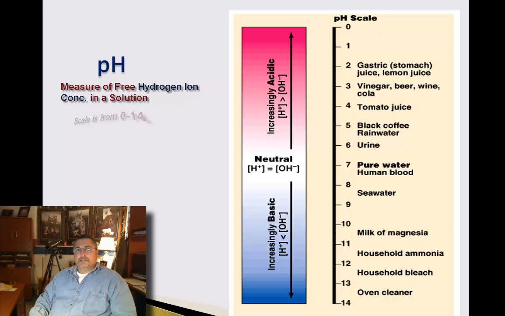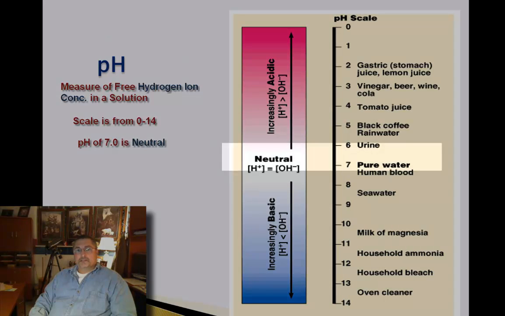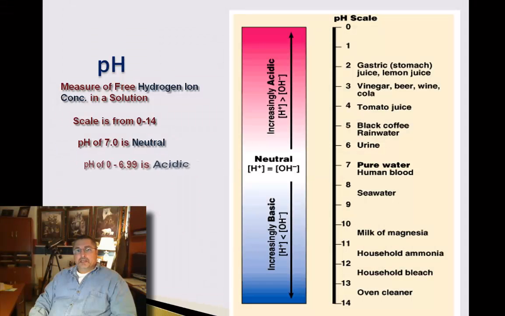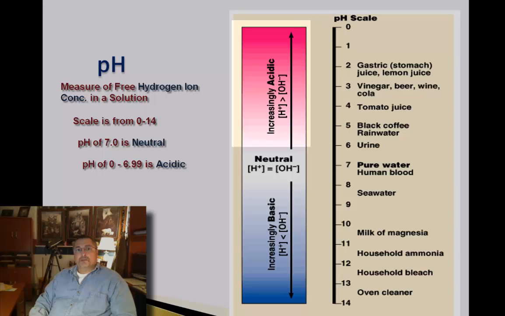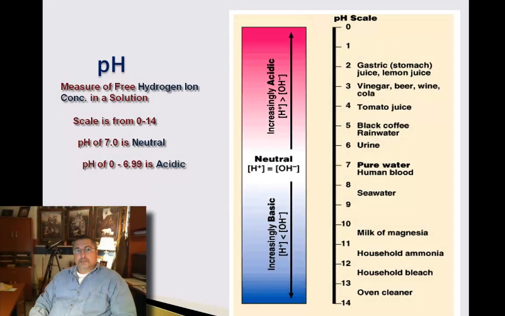We measure pH on a scale of 0 to 14, with 7 being neutral. Pure water has a pH of 7 because it has an equal concentration of hydrogen ions and OH groups, because water is H2O. Anything that is less than a pH of 7 we would consider to be acidic because it has more free hydrogen ions than it has free OH groups.